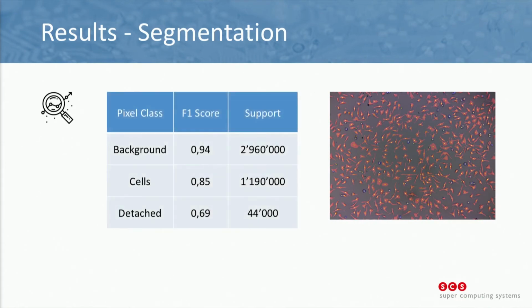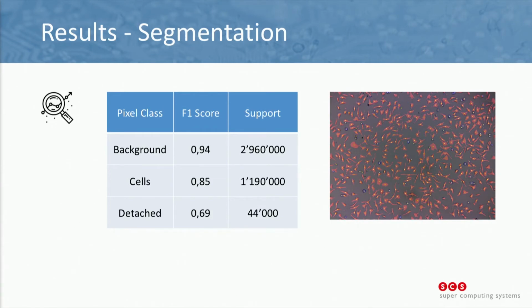Let's have a look at the results of the segmentation. On the right-hand side, you can see an example output, also with the cells that we detected marked with a yellow dot. Well, we had 3 pixel classes in the end for our classification. The F1 scores for the normal cells and the background are fine.